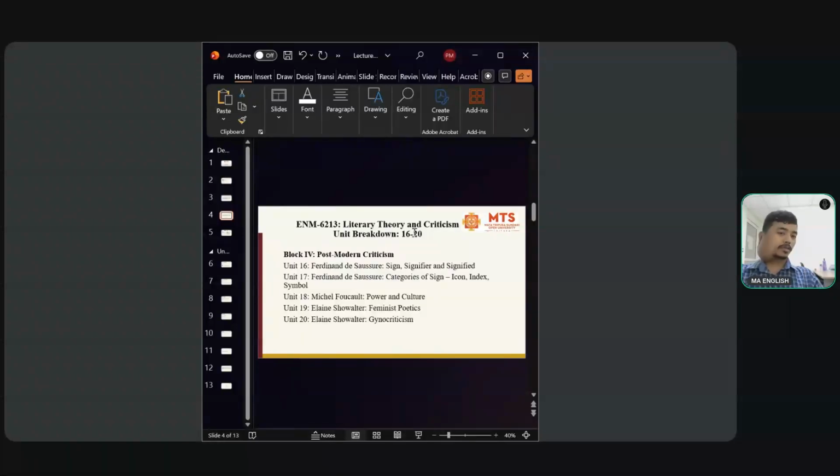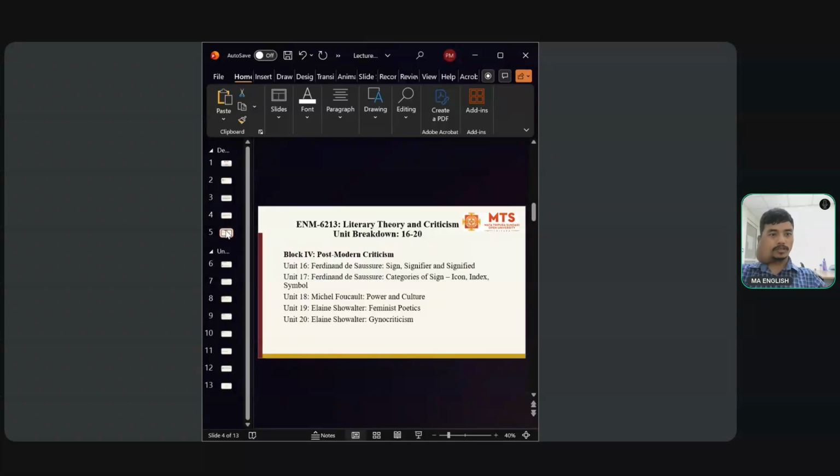Unit 18 deals with Michel Foucault, power and culture. Unit 19 deals with Elaine Showalter, feminist poetics. And unit 20 deals with the same writer, Elaine Showalter, gender criticism. So these are the things we shall be discussing today.